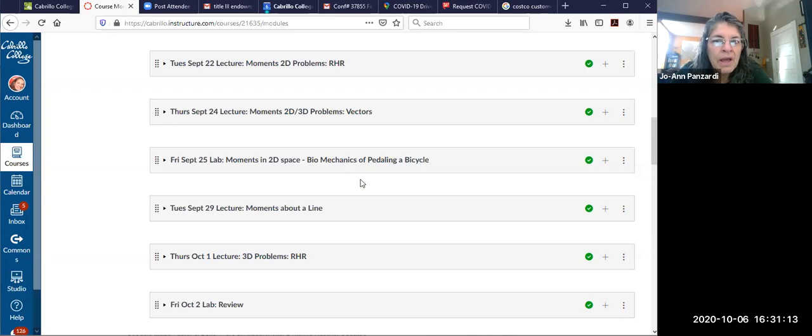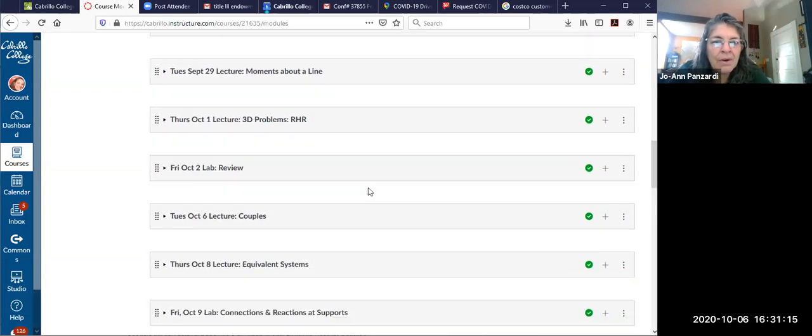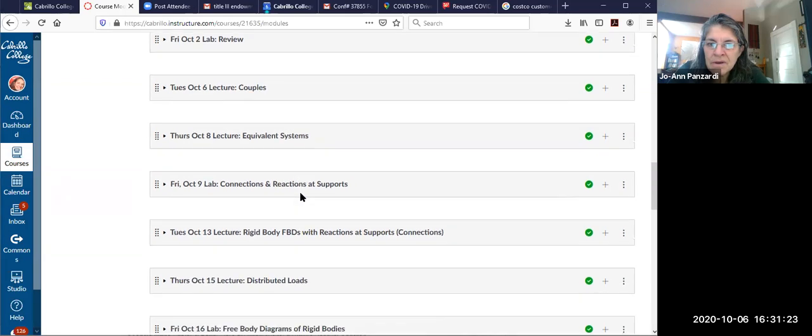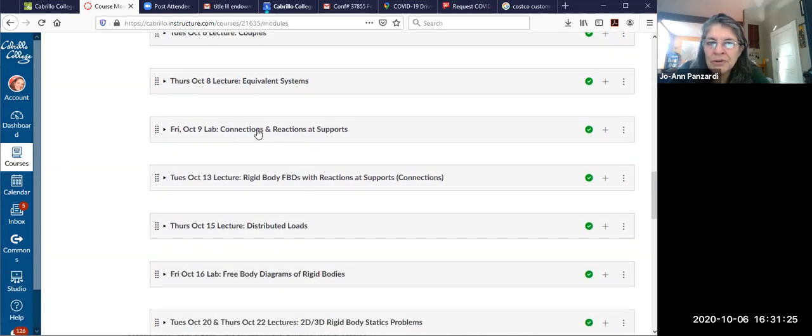Oh, okay, there. Okay, so the next step now is, today we're going on to a topic called couples. And then we have equivalent systems. And then we learn about all different supports and connections. And we start drawing free body diagrams of more rigid bodies.